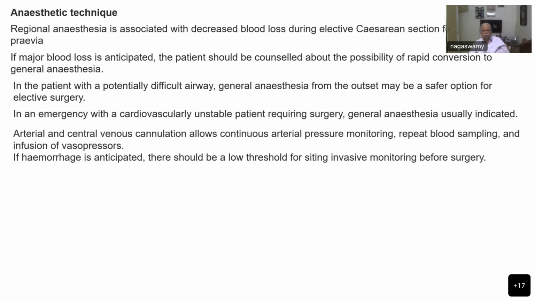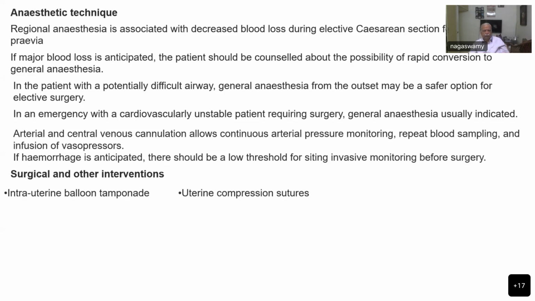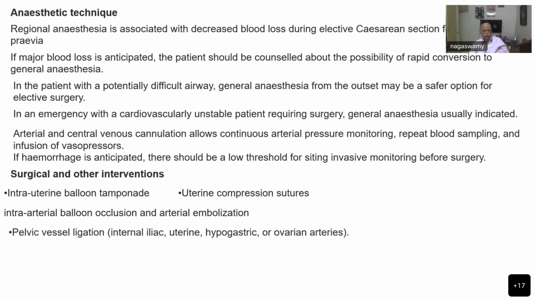And so surgical and other interventions are intrauterine balloon tamponade, uterine compression sutures, intra-arterial balloon occlusion and arterial embolization, which are all done under local. Intrauterine balloon tamponade also, you can insert it like a Foley's balloon and try to tamponade that.